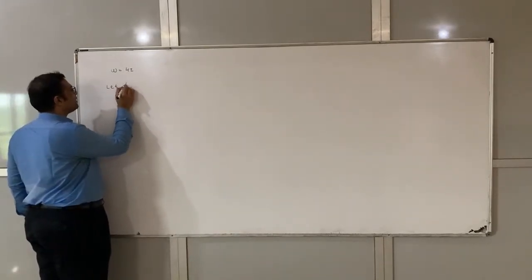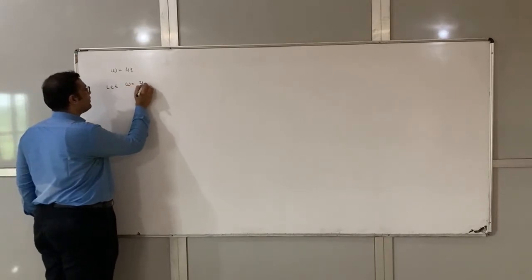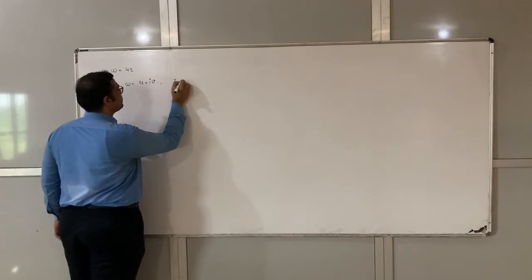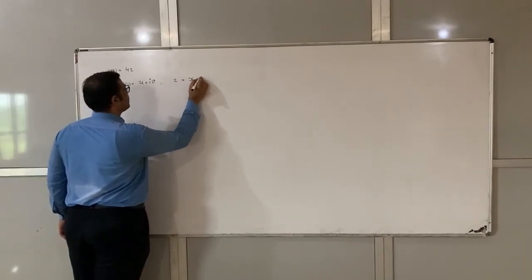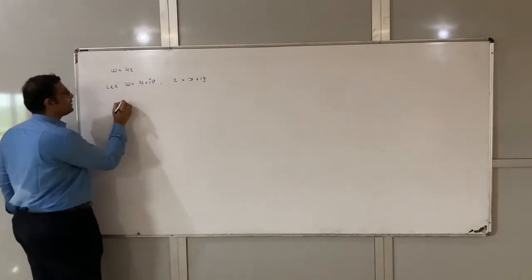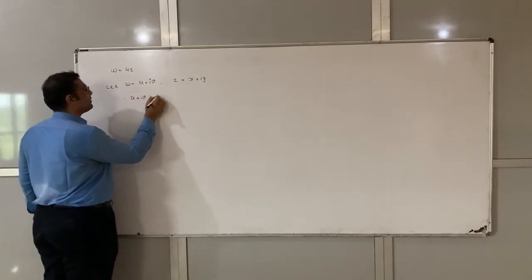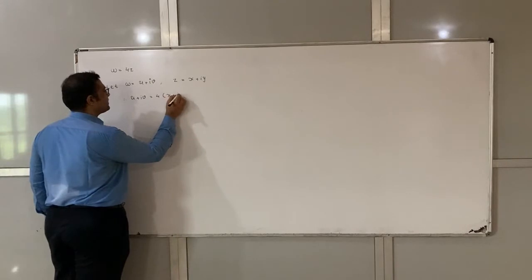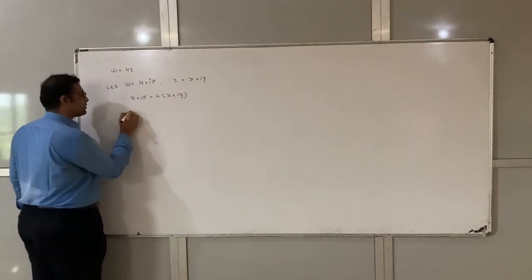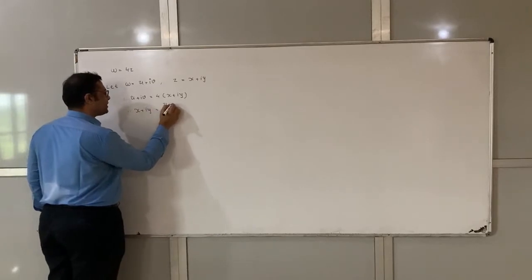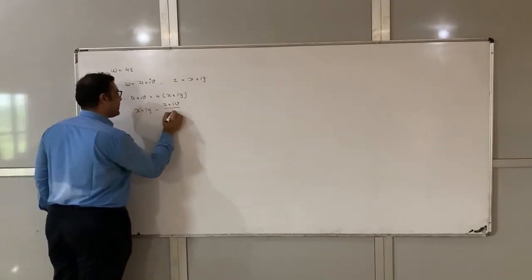Let w is equal to u plus iv and z is equal to x plus iy. So we can say that u plus iv is equal to 4 into x plus iy. So x plus iy is equal to u plus iv divided by 4.